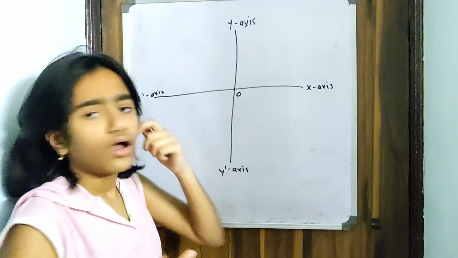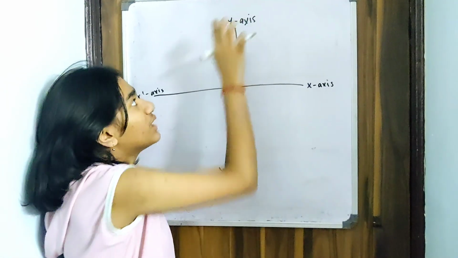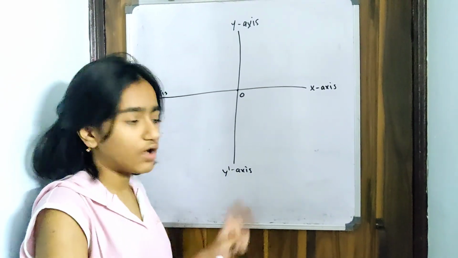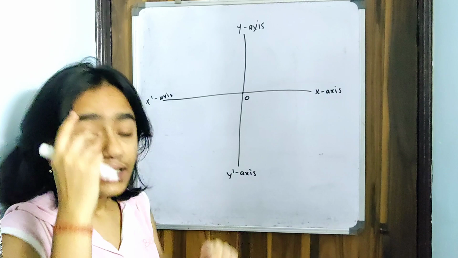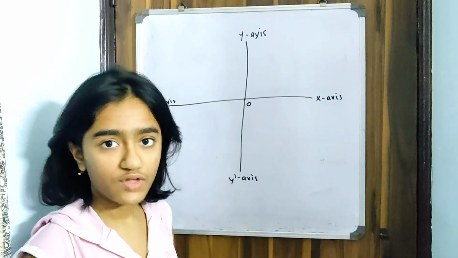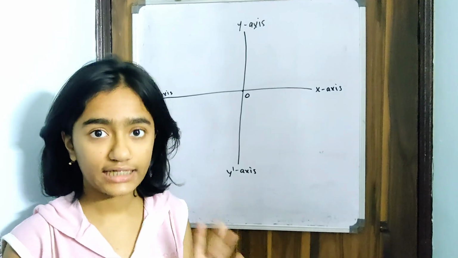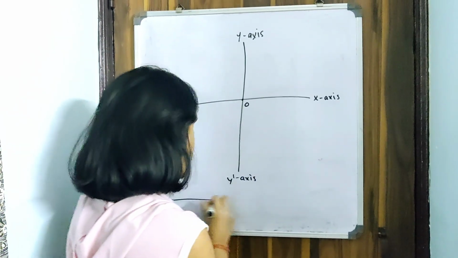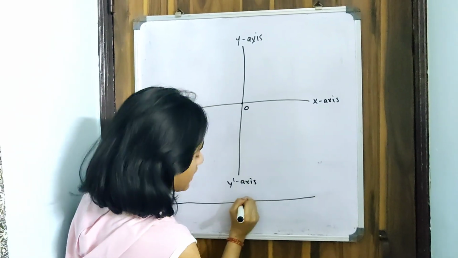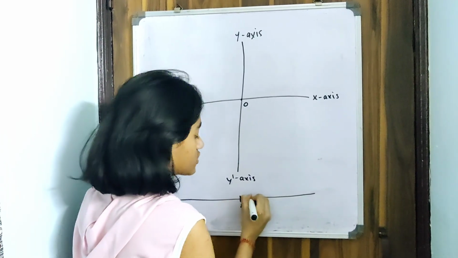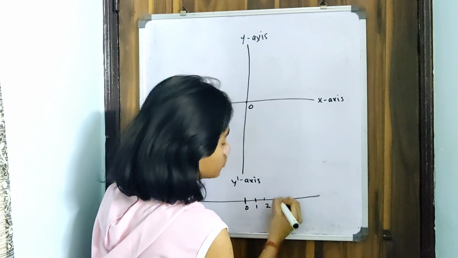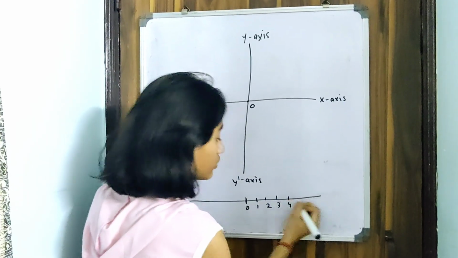Now you must be asking, why is that? Why can't we write y1 axis here, and why not a simple y-axis here? That is because in a Cartesian plane, all the different topics that we had learned in earlier grades come in use. In a number line, here comes 0, then 1, 2, 3, 4, and so on.